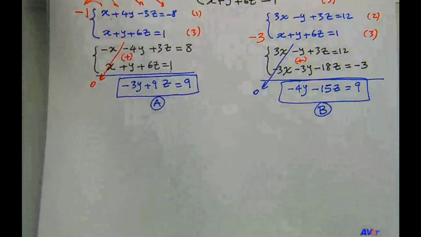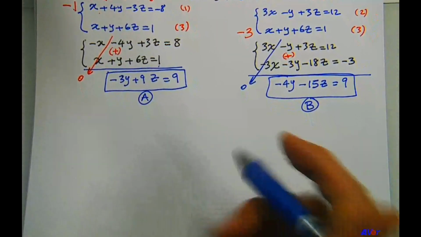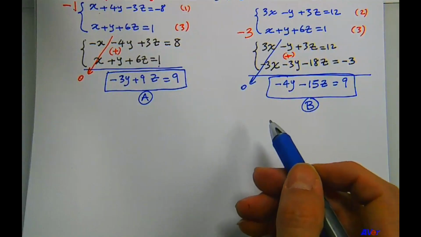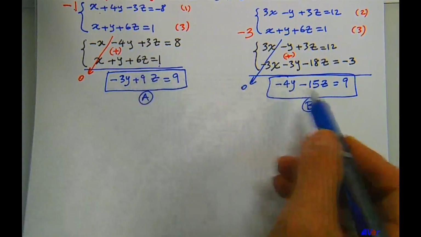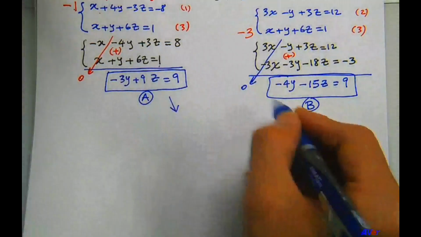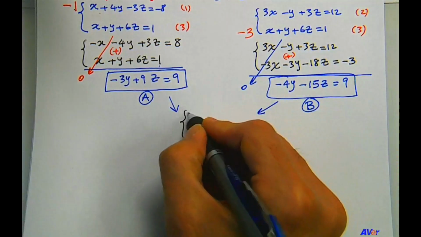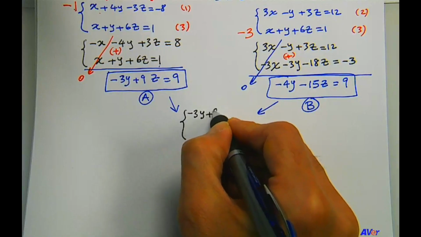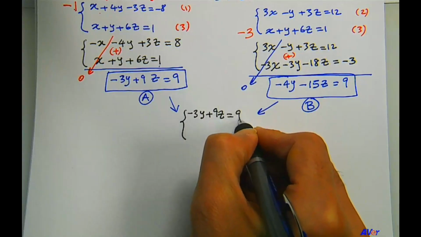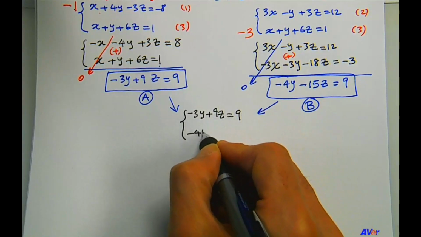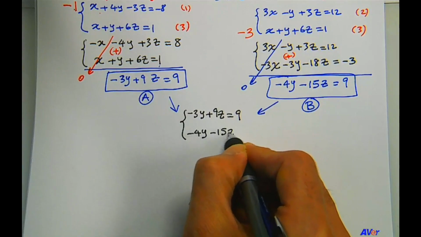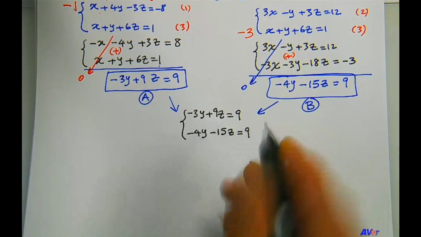Okay, now we can form a new system with these two reduced equations. So from here and from here, let's put them together. We have minus 3y plus 9z equals 9, minus 4y minus 15z equals 9.